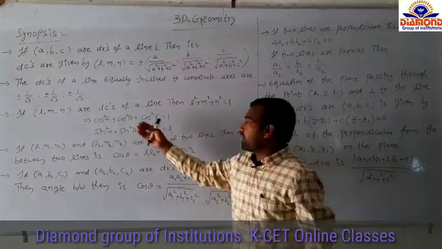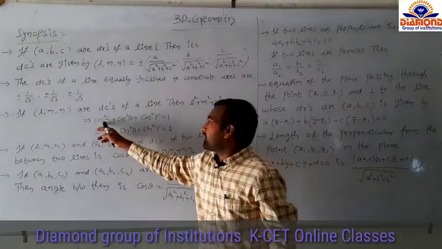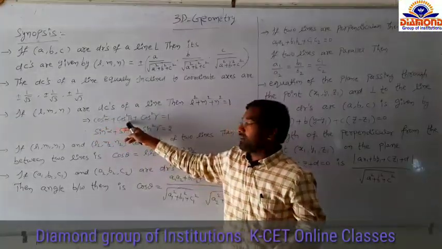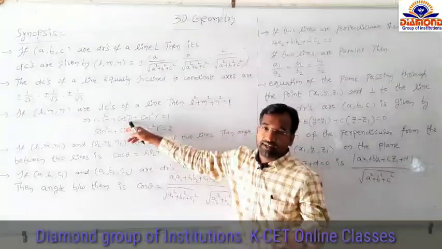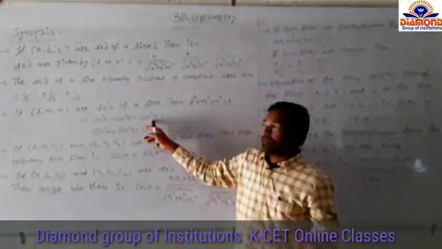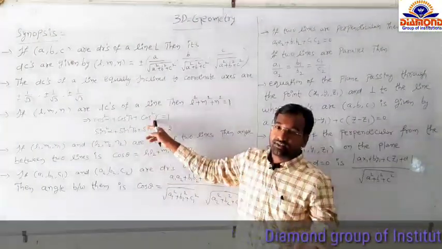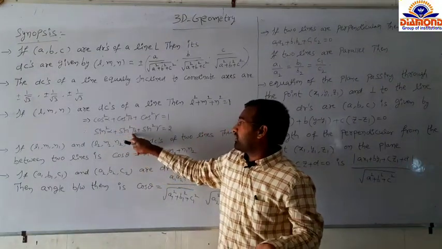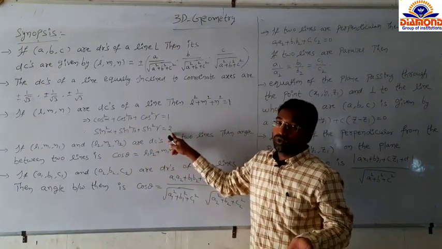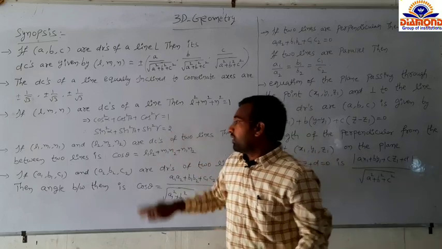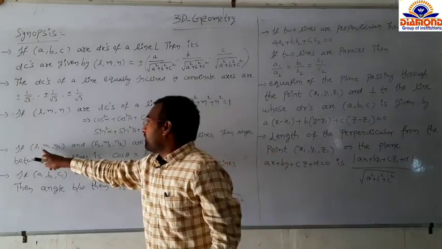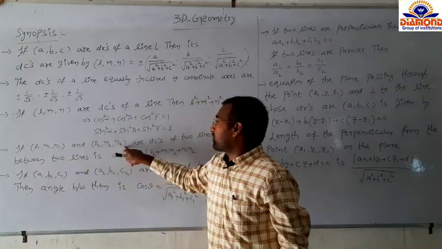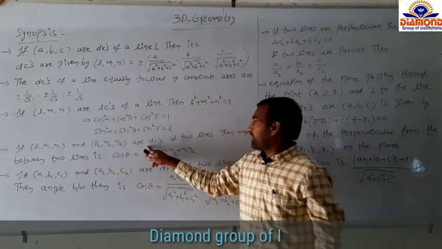If you convert it to sine, in the place of cos square alpha you write 1 minus sine square alpha, and likewise for beta and gamma. At that time it changes to sine square alpha plus sine square beta plus sine square gamma equal to 2.